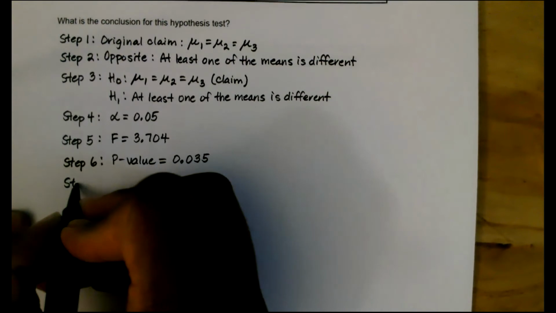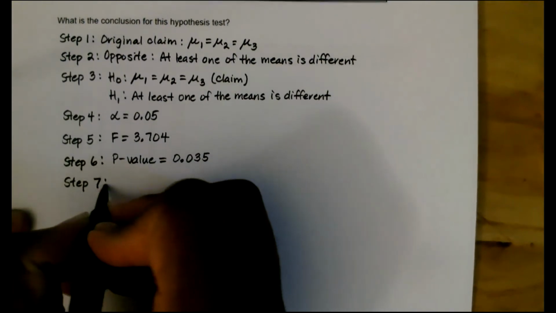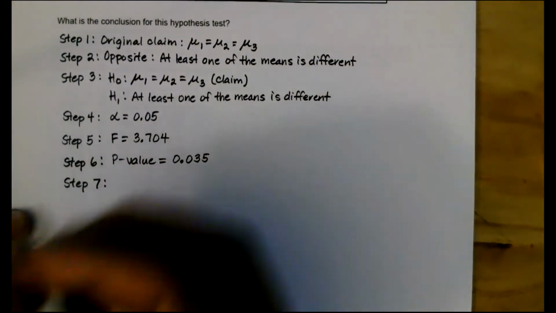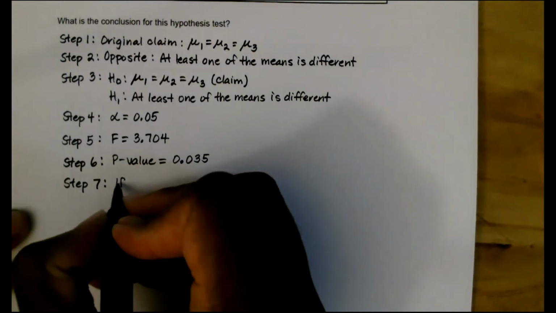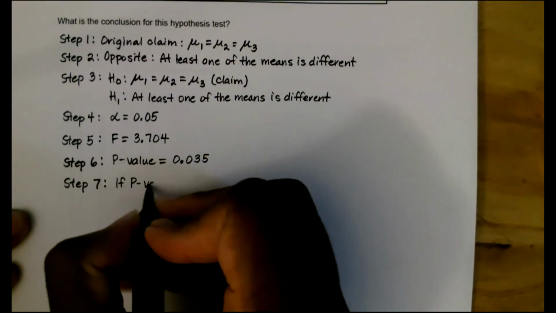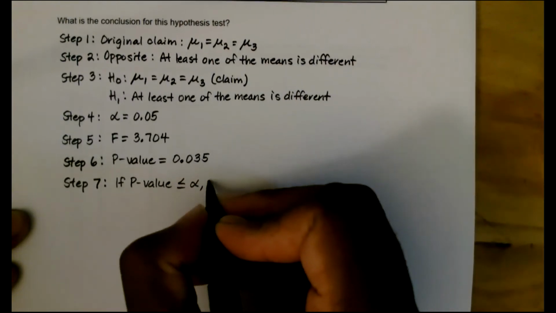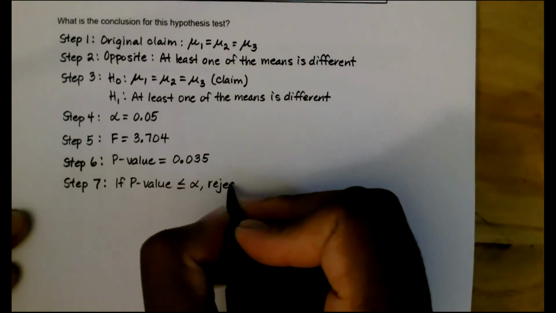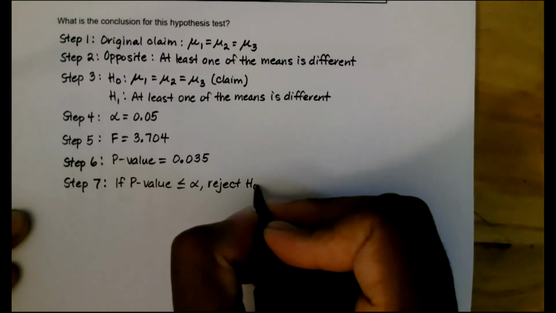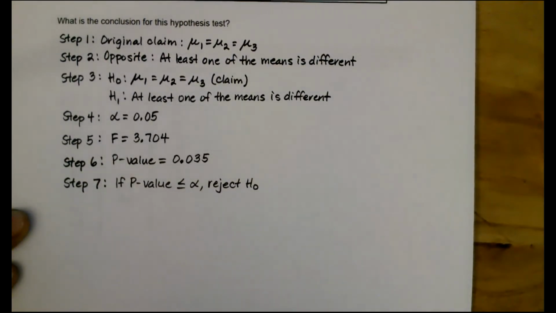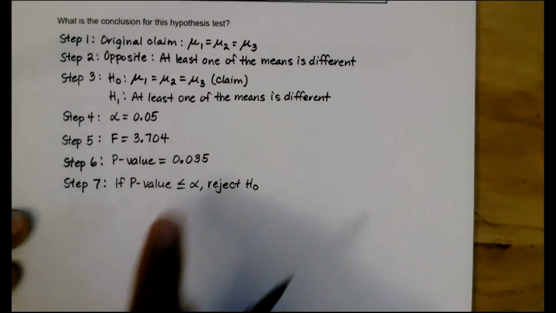All right, and now step 7 is the decision rule. And that would be this: if the p-value is less than or equal to alpha, you're going to reject the null hypothesis. Otherwise, fail to reject the null hypothesis.